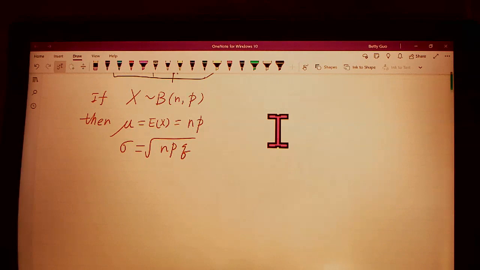We roll a die 10 times, then n equals 10 in this case. And p here is the probability of success. That probability remains the same in all 10 trials. Since success is defined as getting number 6, the probability of getting number 6 would be 1/6.